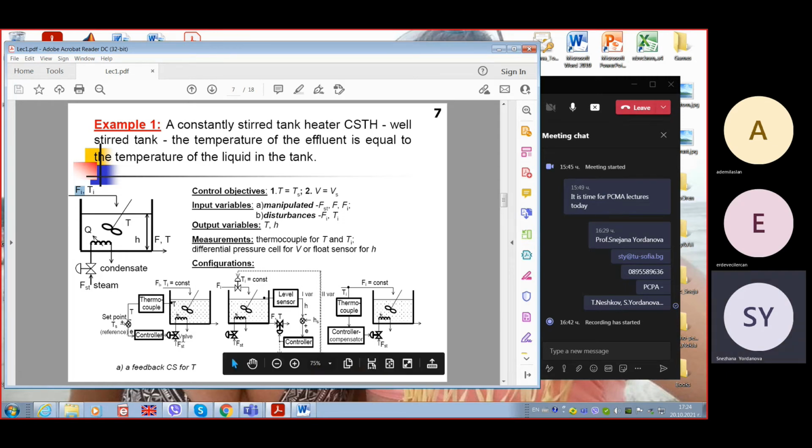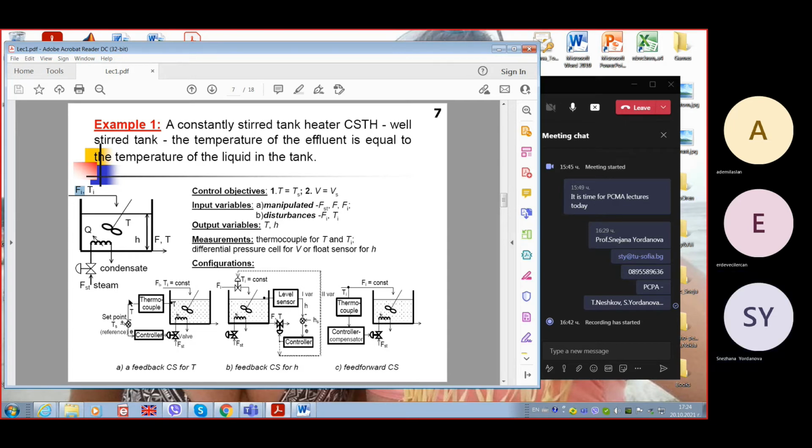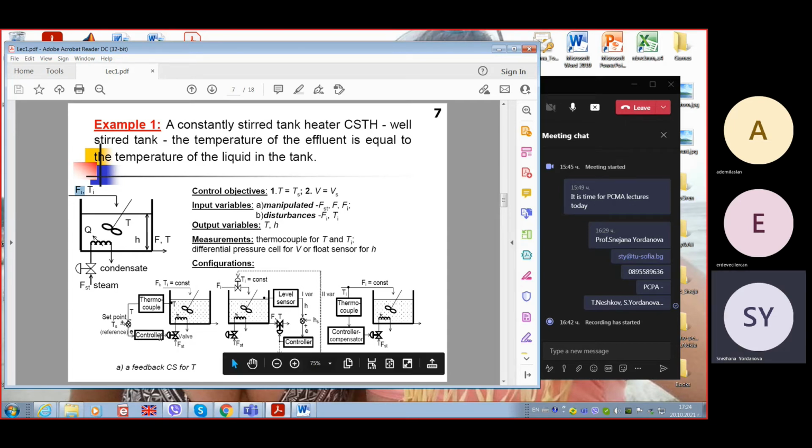So if we have only to stabilize temperature, we use this closed loop. Why closed? Because the input to the plant influences its output, through the controller.